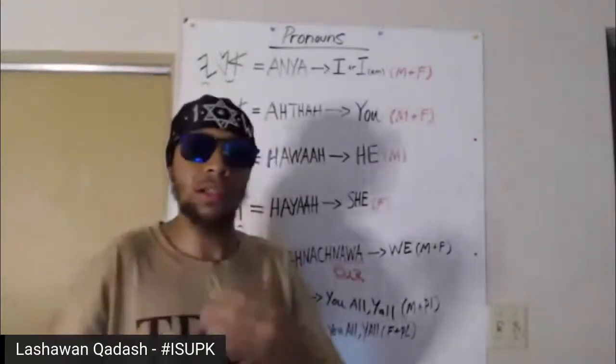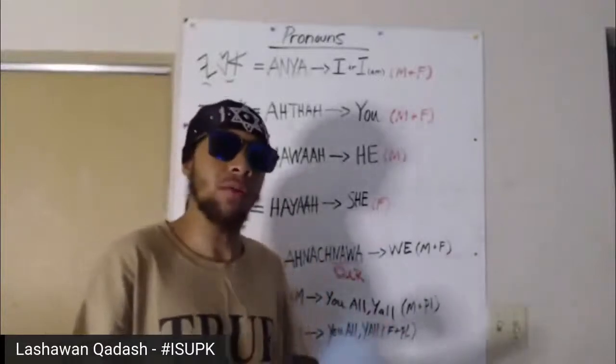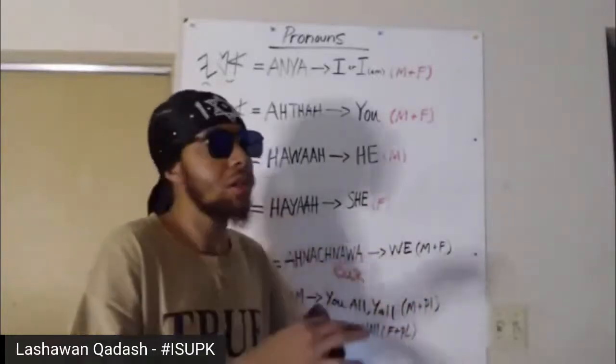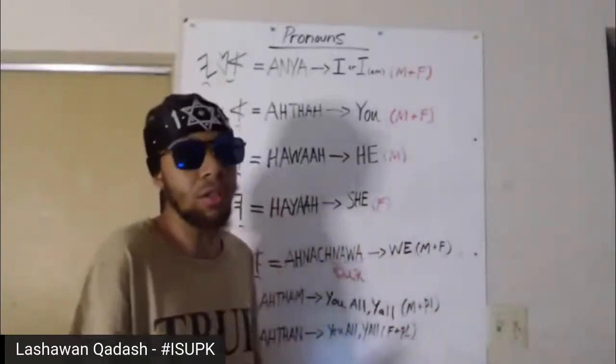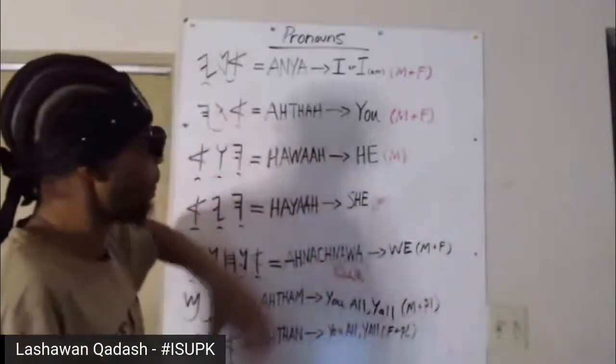All those things come into play. And trust me, I'm still a baby when it comes to Lashawan Qadash, but there's so much to it that you can continue to teach it for generations to generations. There's so much to learn, and this is where it starts, right here. Okay.